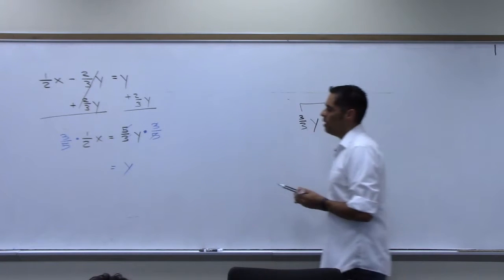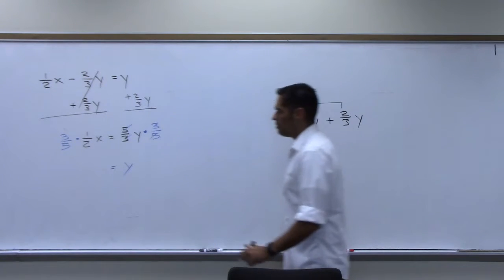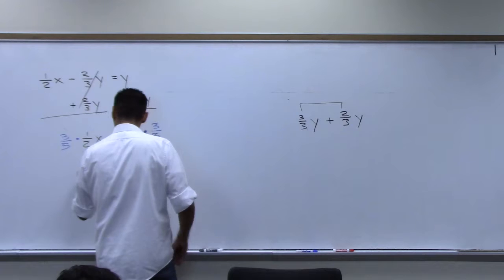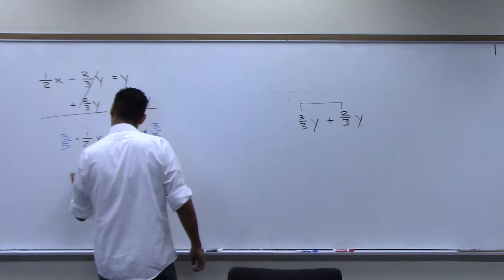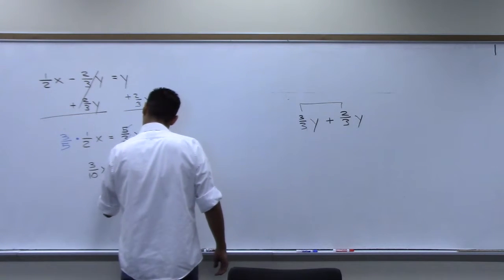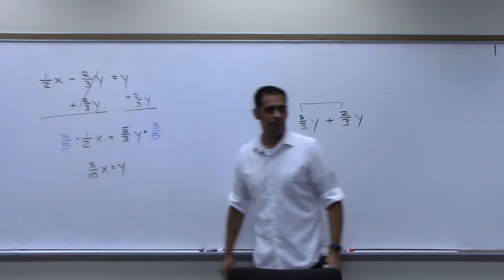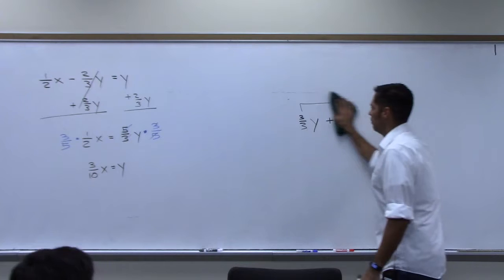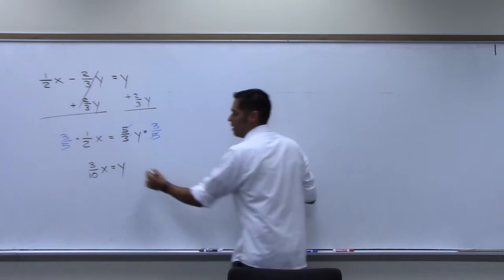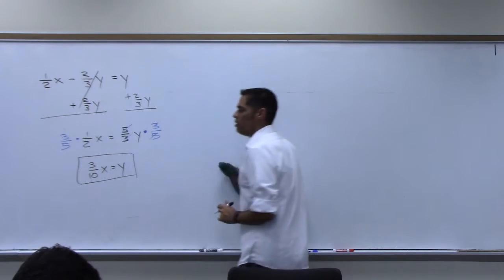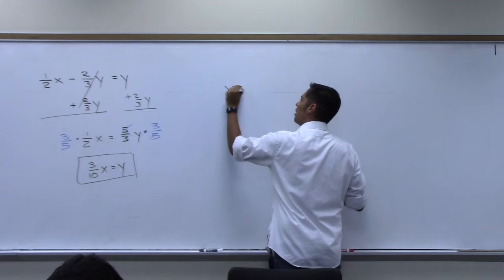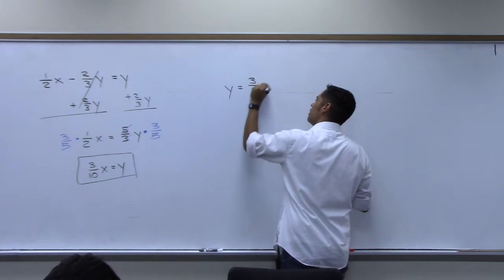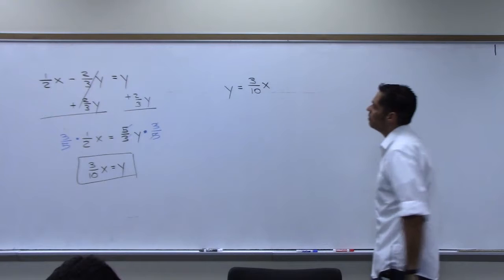On the left side, 3/10 x. We have solved for y, haven't we? So we will have answered part A here. This is the slope-intercept form. I could write it this way also. It's the same thing. Put the y on the left.